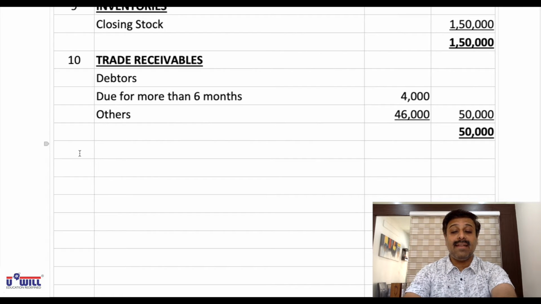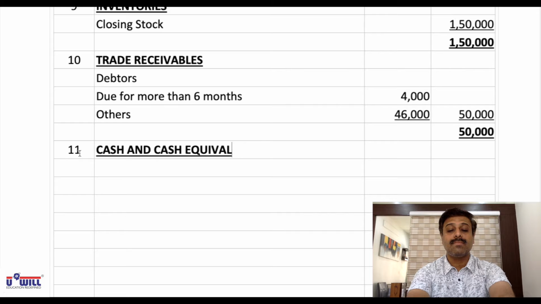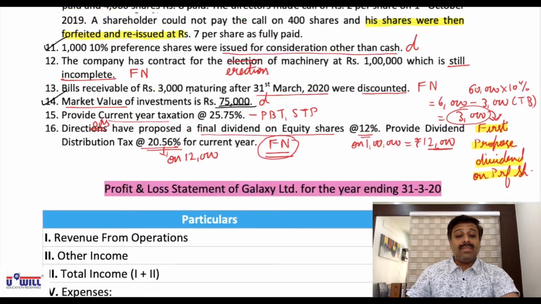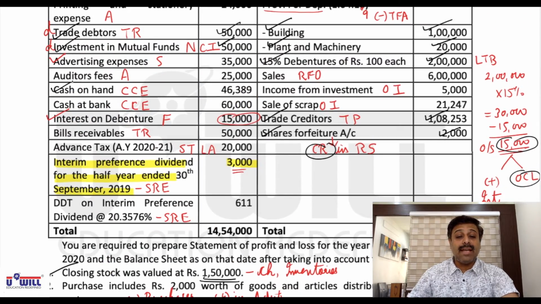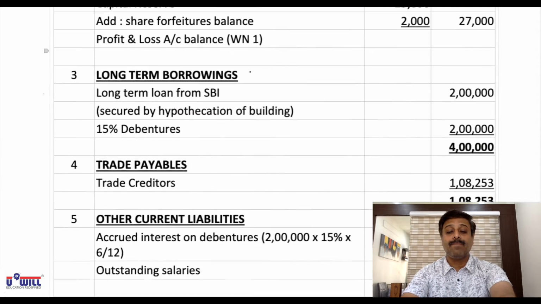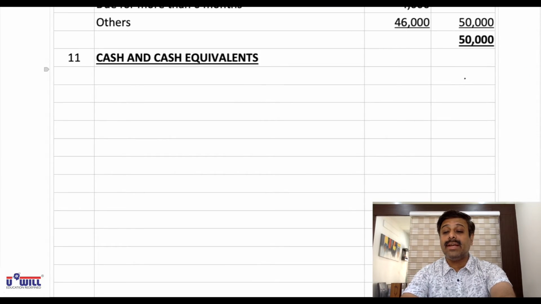Then after trade receivables, we have cash and cash equivalents. Two items are there always in cash and cash equivalents. Cash on hand 46,389. Okay, cash on hand 46,389.